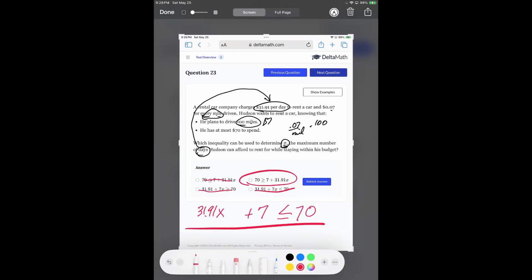I could flip this around. I could write it this way. Remember, the greater than or equal is pointed to the 70, right? So you got 31.91x plus 7. So I think it's this one right here. So let's go and check it.